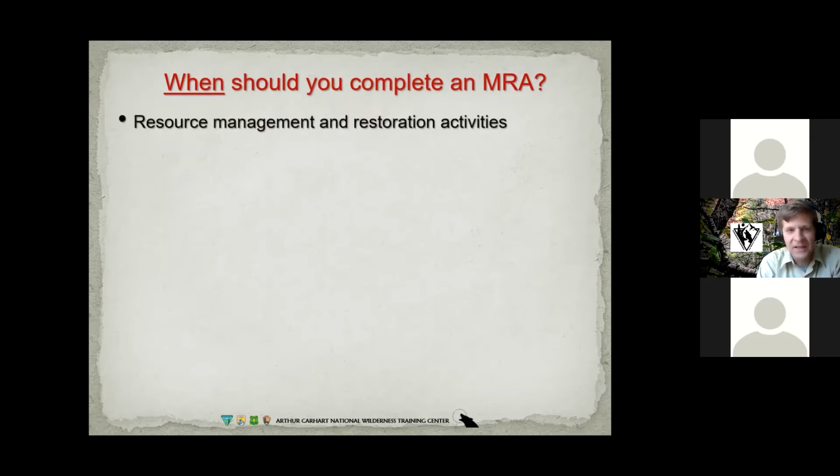So if you have a proposed action that's going to involve one of the prohibitions, one of those 8 related to resource management and restoration, or I would even say if you have one that may have an impact on wilderness character, regardless of using the prohibitions, you might want to do that. When conducting an action is prohibited. Yep.